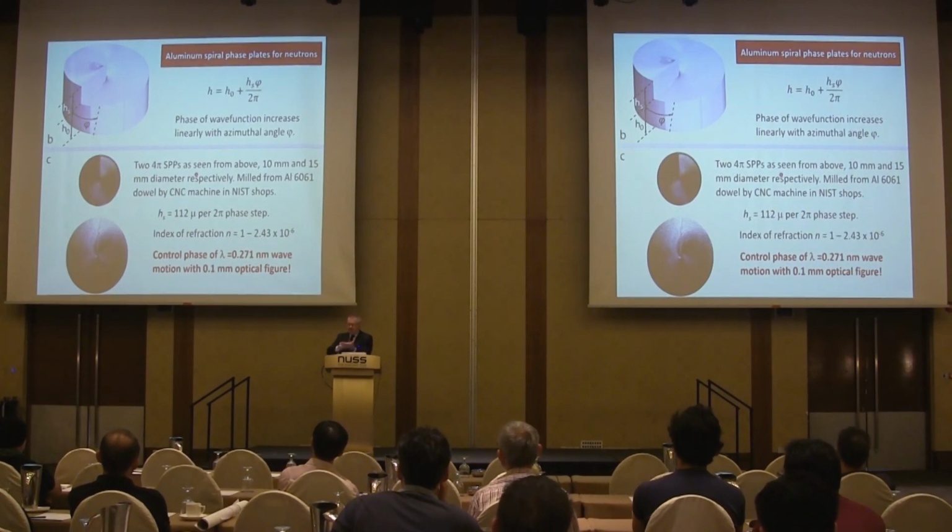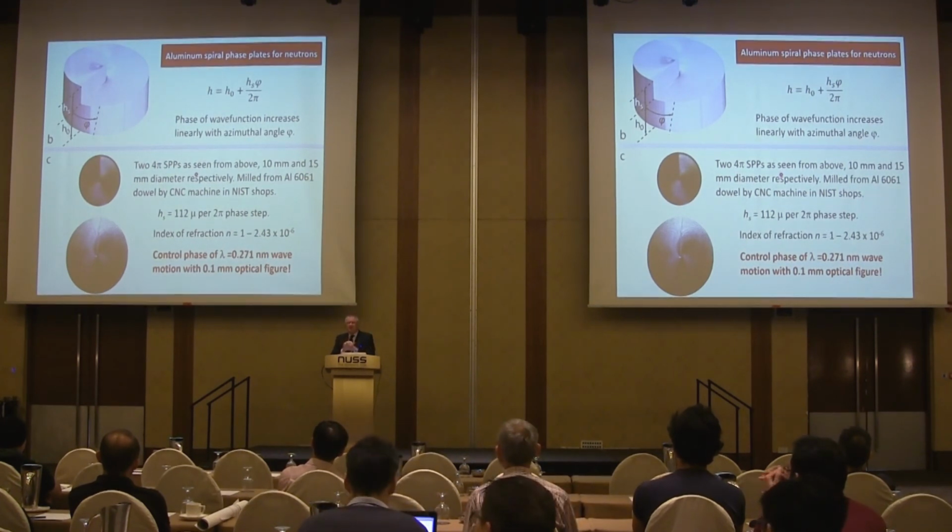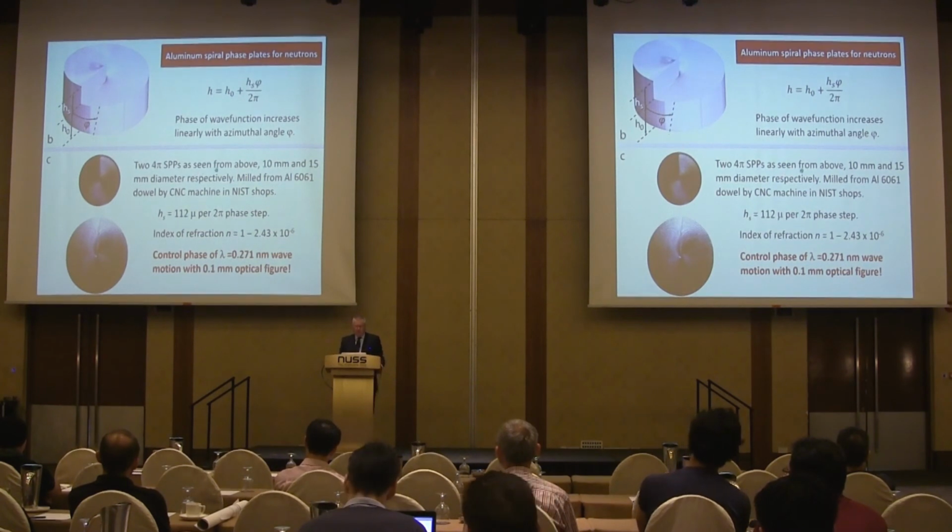Otherwise, it doesn't work. Take a nice mirror, scuff it with sandpaper. No longer a good mirror. So how can you possibly machine an optic that will perform satisfactorily for a wavelength of a few angstroms?